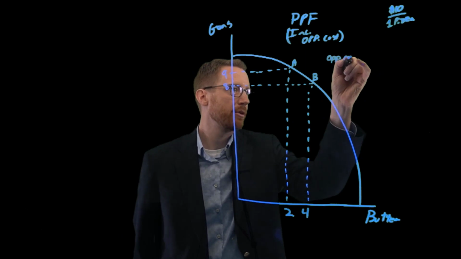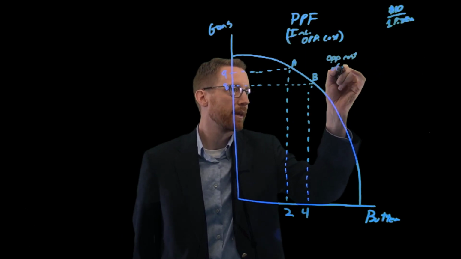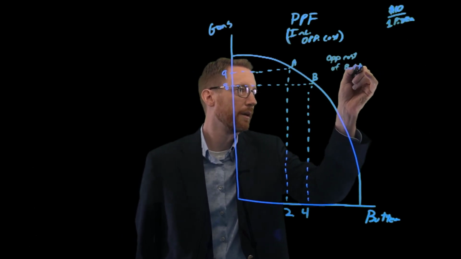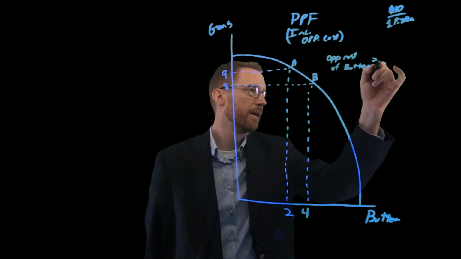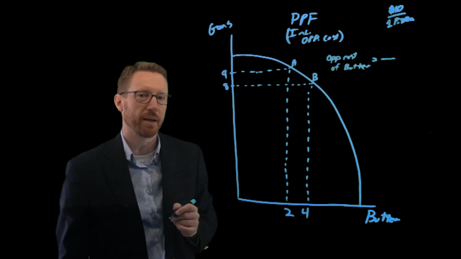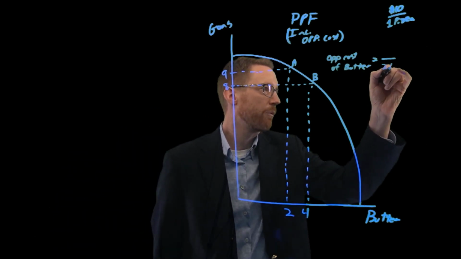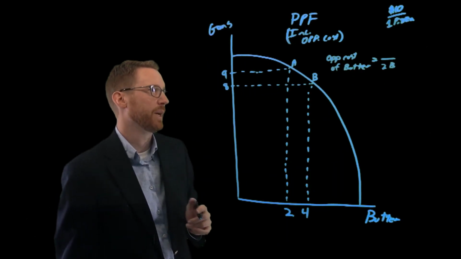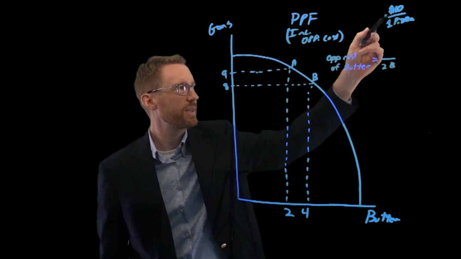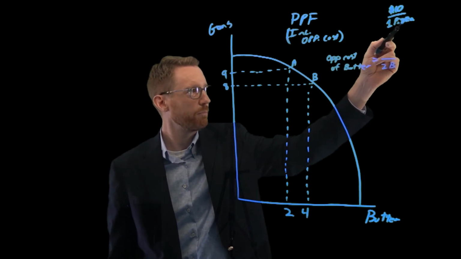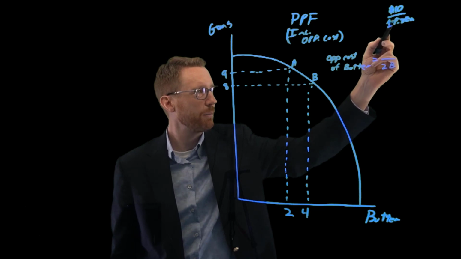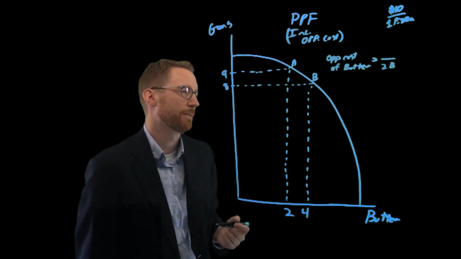So the opportunity cost of butter, it's just a ratio, right? What are we giving up for what are we getting? Well, we got 2 butters, and we know that goes in our denominator because the cost of pizza is $10 per 1 pizza. The cost of what we're talking about goes in the denominator.